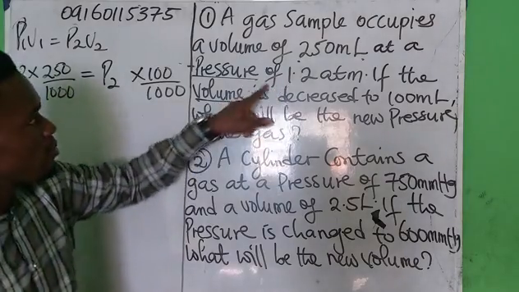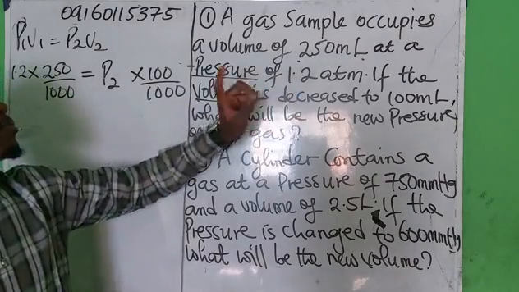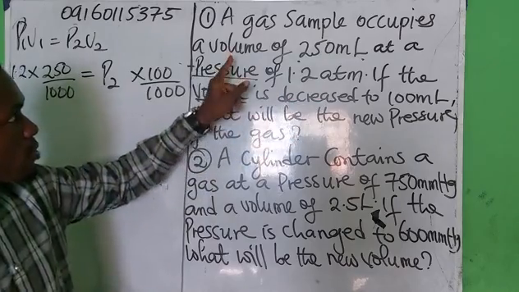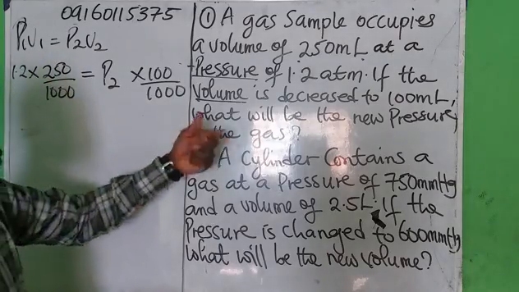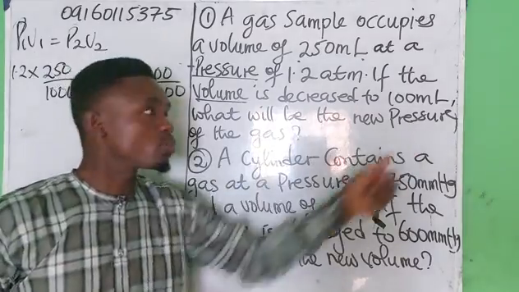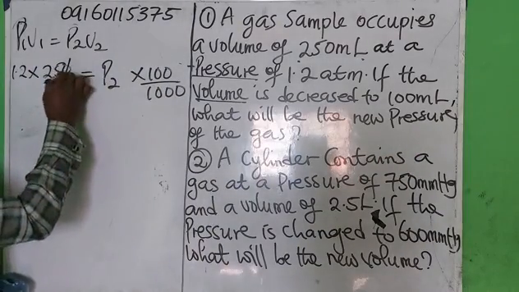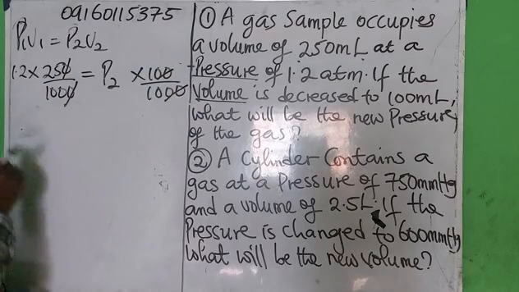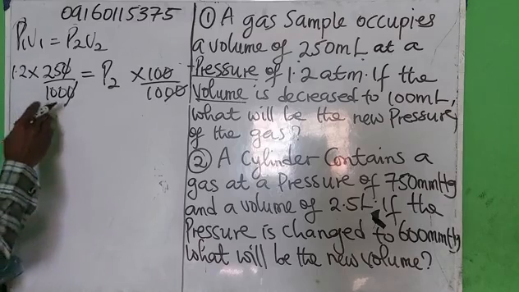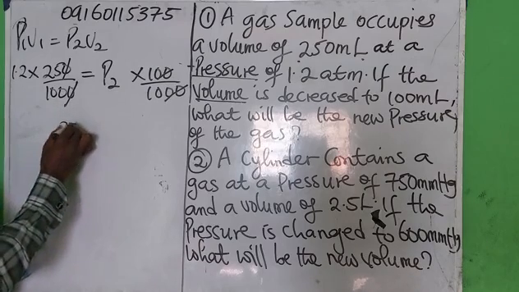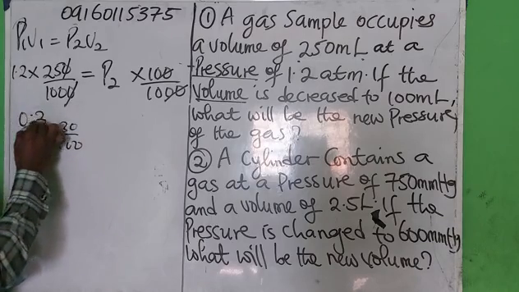P1 is the first pressure given, and V1 is the first volume given. So what will be the new pressure, which means the P2? 1.2 times 250, divided by 1000, that is 1.2 times 25, which gives us 30. Then 30 divided by 100 gives us 0.3.